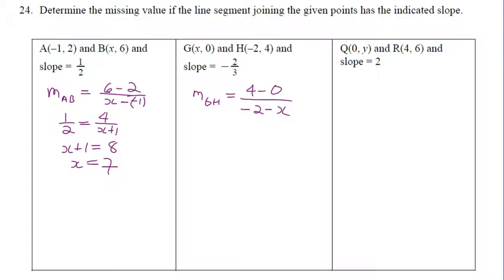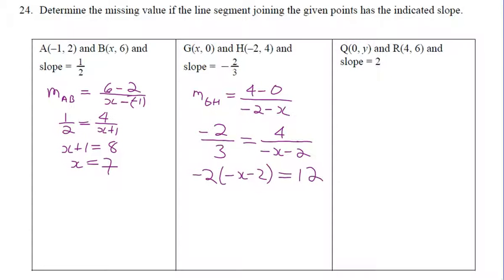Speak up. Have the courage of your convictions. All right, so because that x is negative, I'm going to put the negative with the 2. Because then it's going to multiply and turn that into a positive x, right? It just saves me a little bit of work in the end. Ultimately, it makes no difference, right? And I might as well just write that as negative x minus 2. Okay, so we get negative 2 times negative x minus 2 is equal to 12.